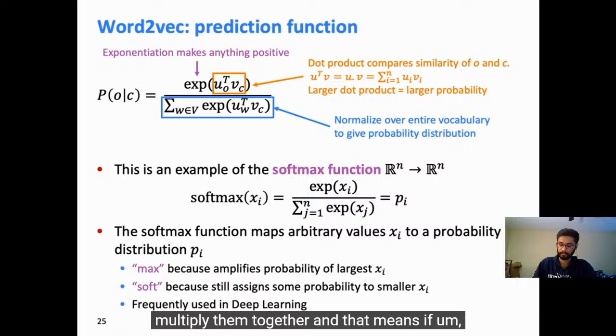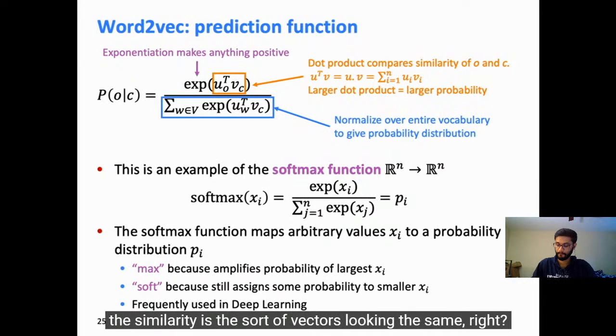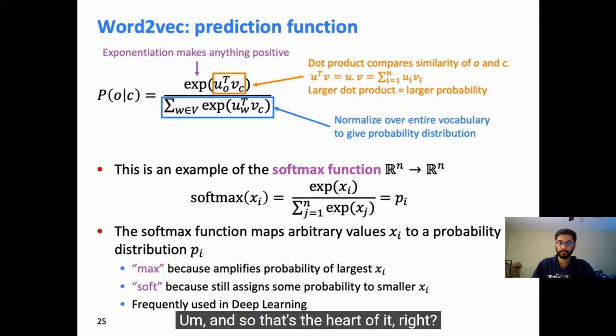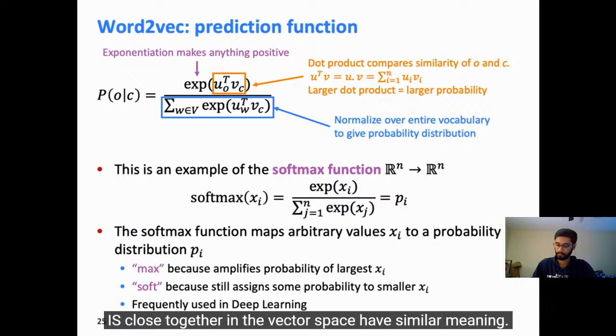And that means if different words have big components of the same sign plus or minus in the same positions, the dot product will be big. And if they have different signs, or one's big and one's small, the dot product will be a lot smaller. So that orange part directly calculates a similarity between words where the similarity is their vectors looking the same. And so that's the heart of it, right? So we're going to have words that have similar vectors, i.e. close together in the vector space, have similar meaning.